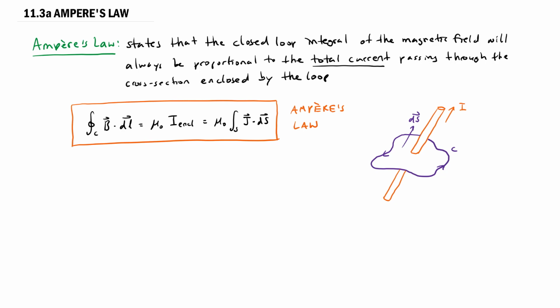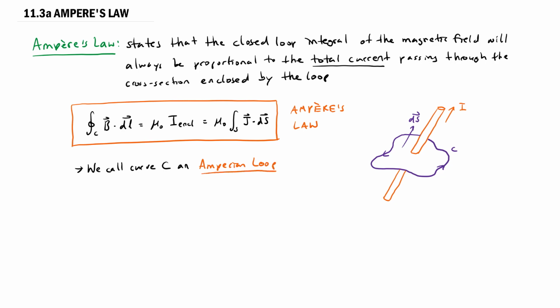So looking at this, we call that curve C an Amperian loop.